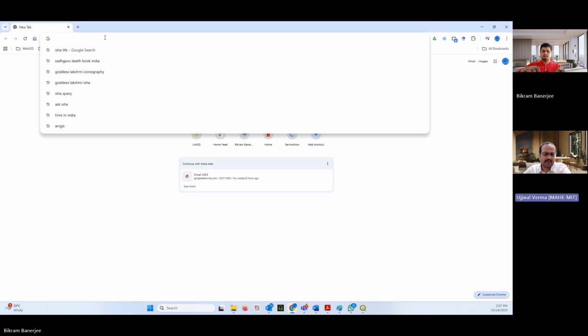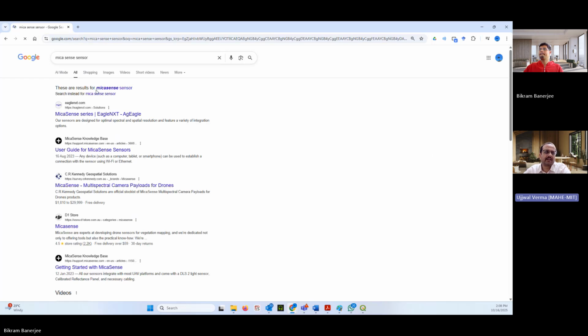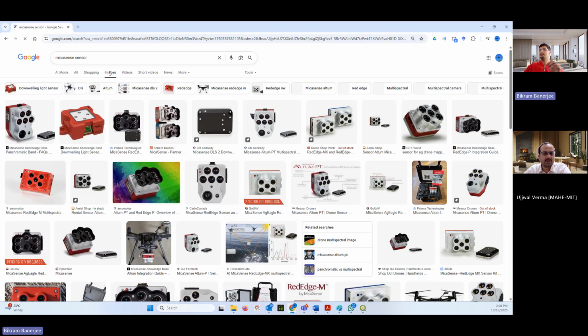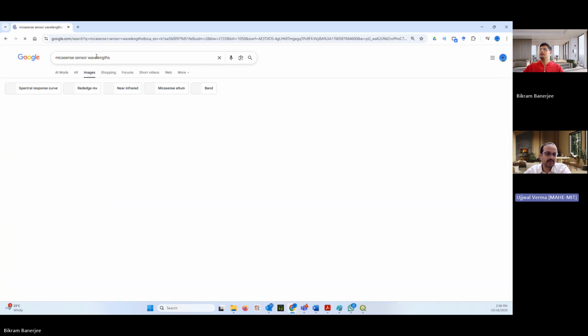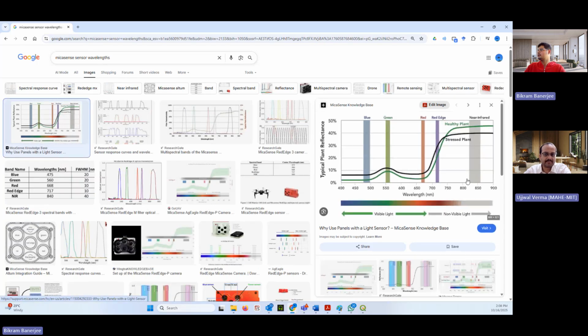When we opened this, if I'm not wrong, we got two different layers in QGIS. One was the composite red, green, blue, and then there were separate layers for red, green, blue. I don't know, that was something from our side we missed. Let's go there. The red edge is basically this portion of wavelength.